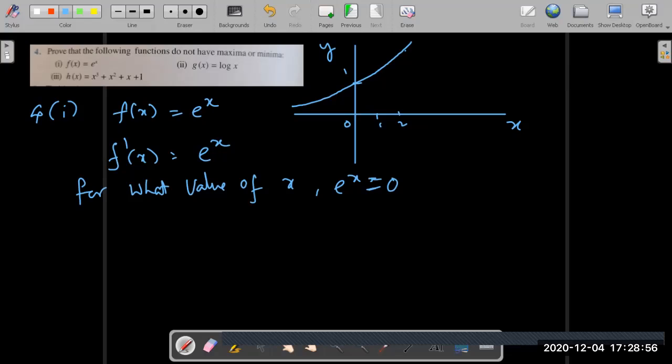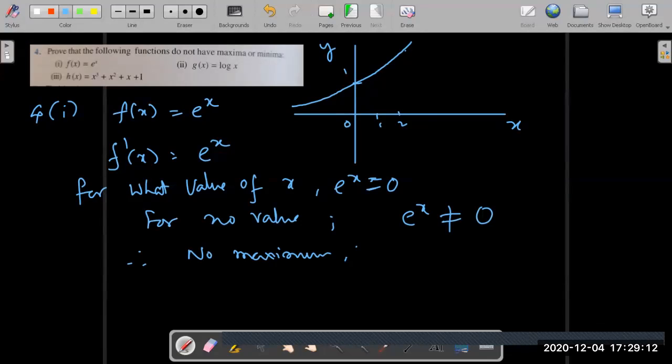No, for no value. So e power x cannot be equal to 0. Therefore, there is no maximum and no minimum for f of x.